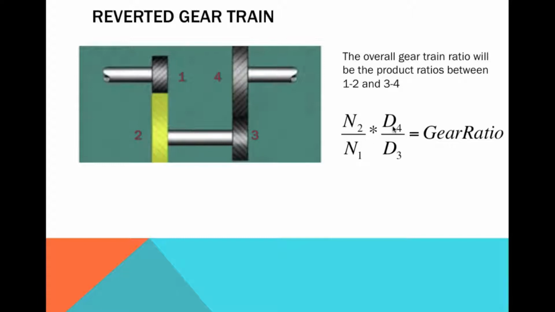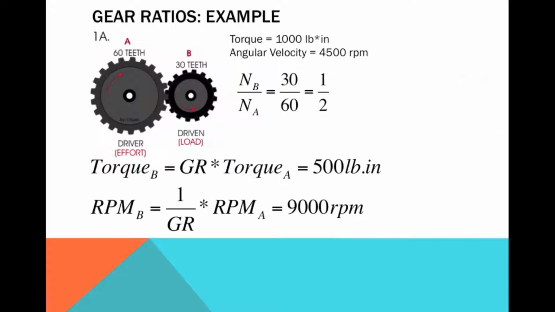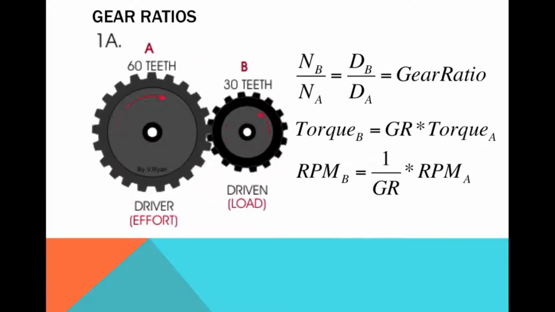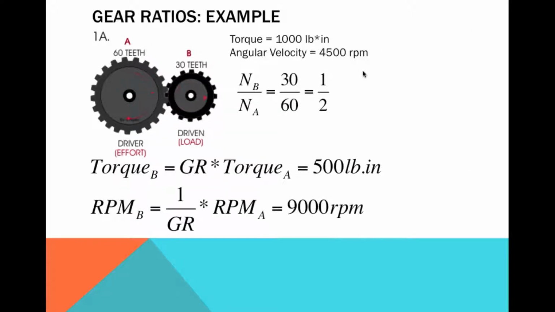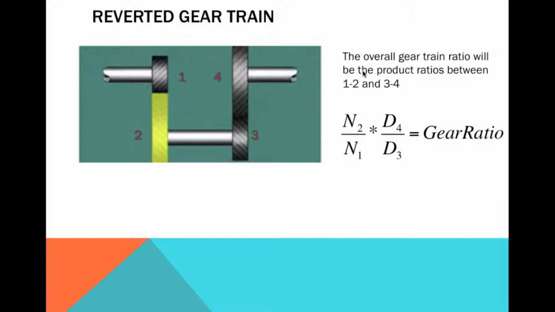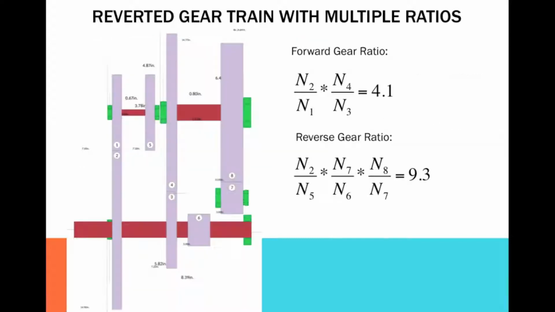I could have used N in place of D, or D in place of N. It doesn't matter because they're equal to each other, as I showed back here. So that would be the overall gear ratio for a simple reverted gear train.